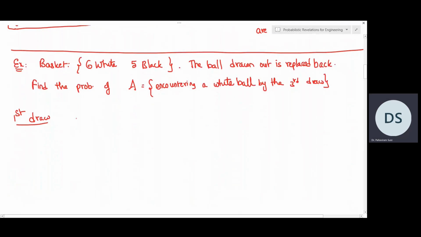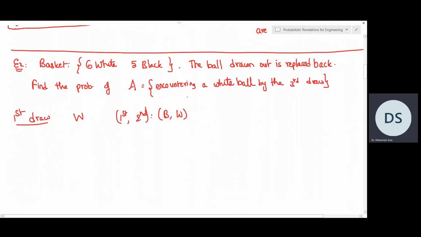So first draw, let us say we have encountered a white. Then it becomes an element of A. Same way, in second draw, if we get white, means in the first draw we got a black. So first draw we got a black, and in the second draw we got a white.